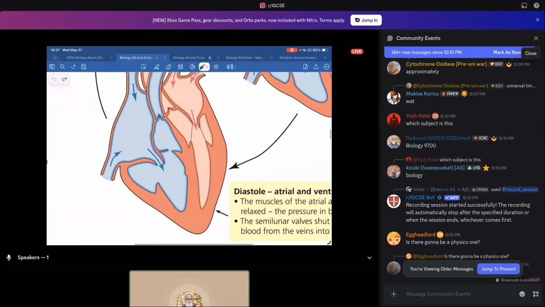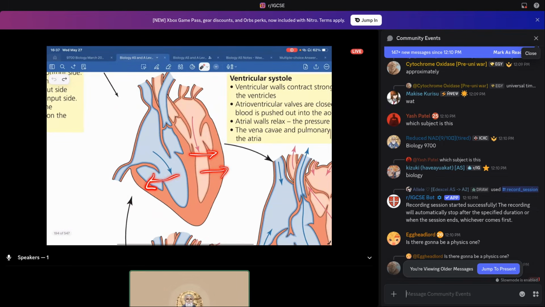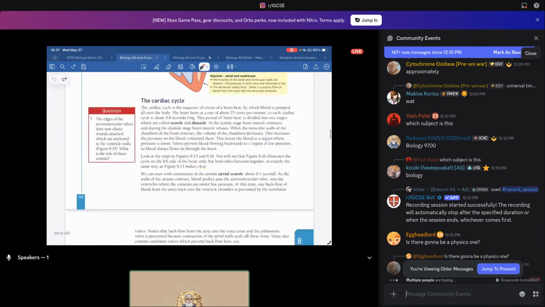Left or right, you look at it. Let's see a larger diagram of the heart. The thicker wall for the ventricle is the left. The thinner wall is the right. Generally, it's going to be in this orientation: thicker is this side, left is this side, and right is this side.